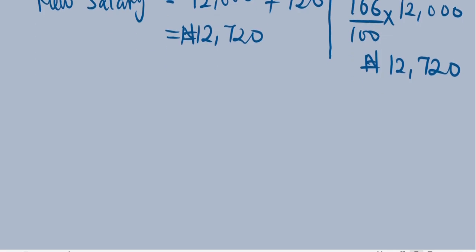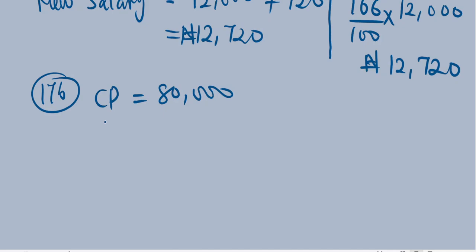17b says I bought a house for 80,000 naira and sold it for 92,000 naira. What percentage profit did I make? So the cost price of the house is 80,000 naira, and the selling price of the same house is 92,000 naira.